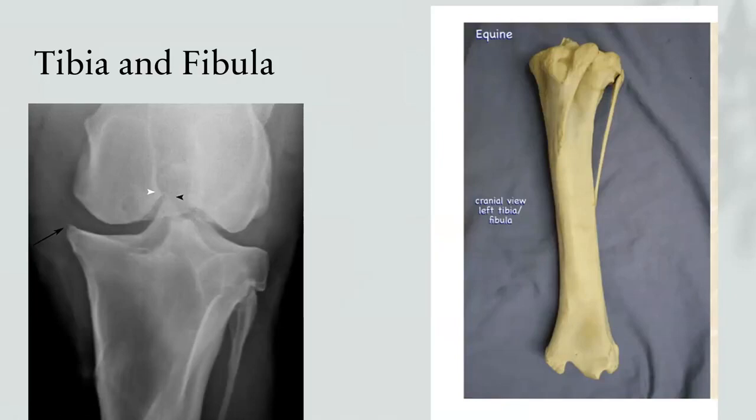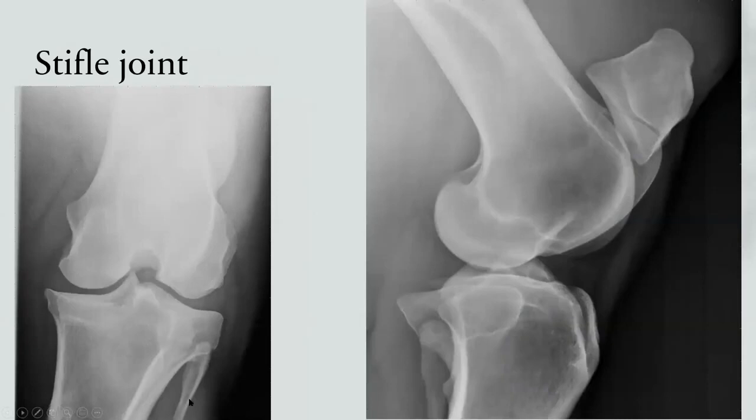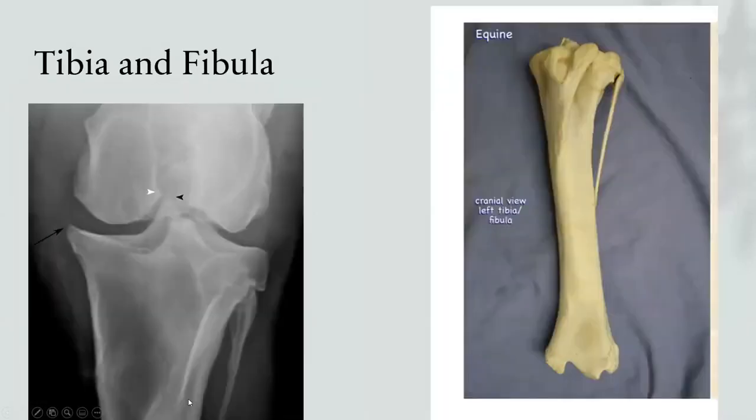It's there, but it doesn't do a whole lot of work. So the tibia is going to bear the majority of the weight in this back end. So this bone down here in this radiograph is the tibia. This tiny little bone over here is the horse's fibula.